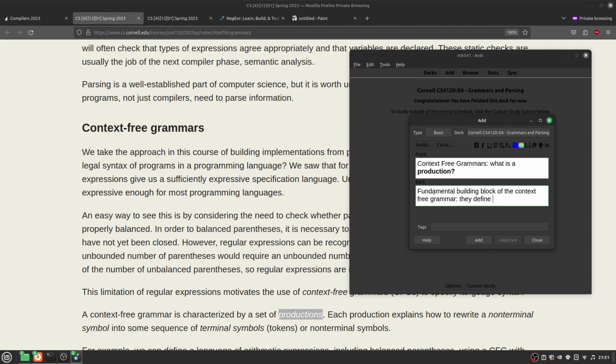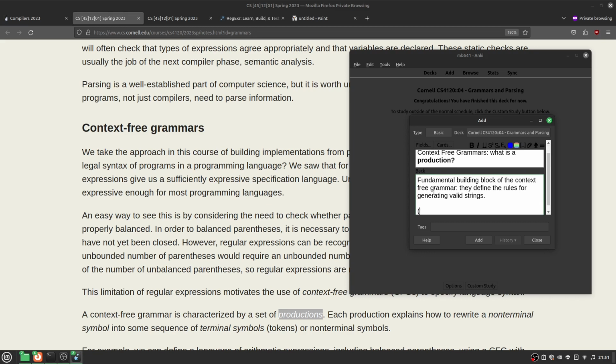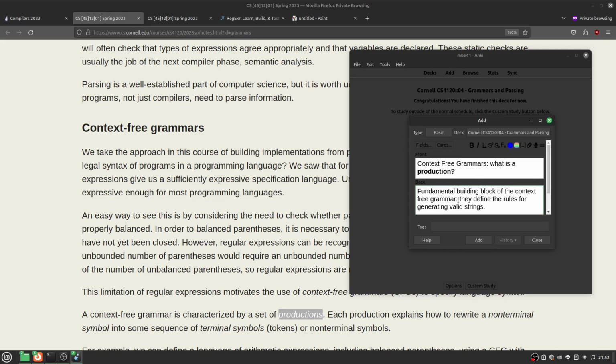They define the rules for generating valid strings. Just a little note to myself. Don't expect myself to remember this every time. They contain the terminal and non-terminal symbols. Just a little bit more context whenever I read this card.